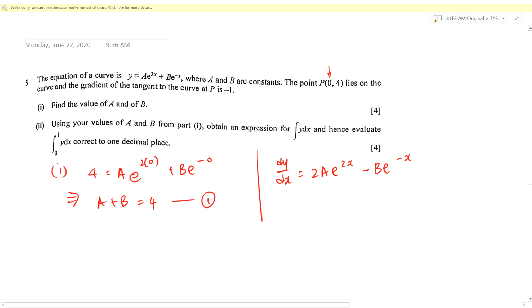Do the substitution. We know that the gradient is -1 when x is equal to 0. Don't bother substituting x equals 0 over here because I know that anything to the power 0 is going to be 1. So minus b. Now I've got two equations. We can make a the subject. Start with equation number 2.